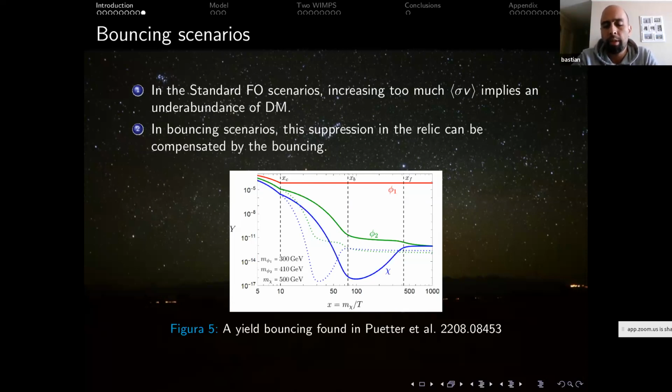Under a certain context, they show that when they solve the Boltzmann equation for one of the components, in particular this chi that was their dark matter candidate, it can behave in this way: going up to a certain point, it decouples, but the particle enters into a new equilibrium for some time until the Hubble expansion is completely important and the particle decouples and freezes.